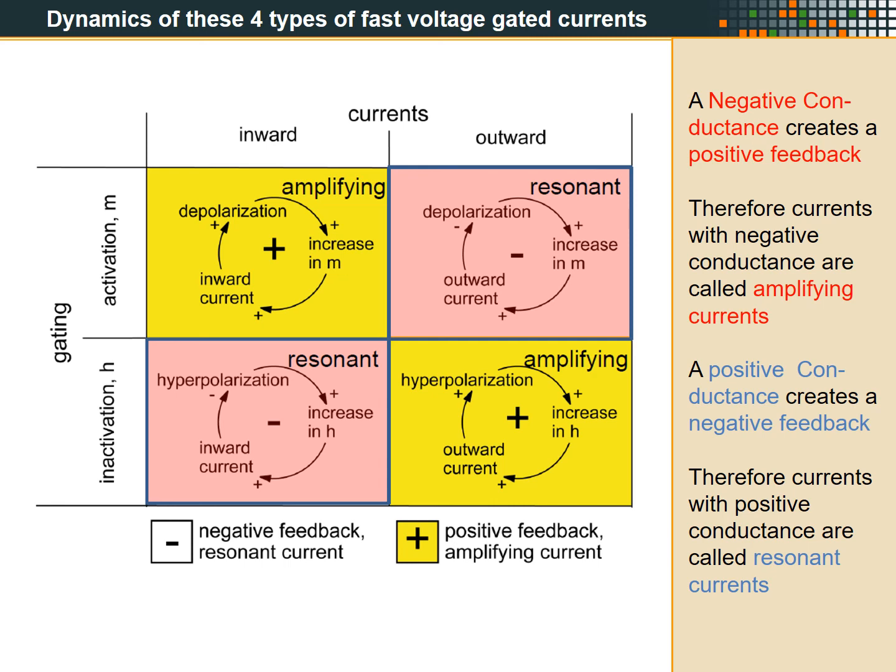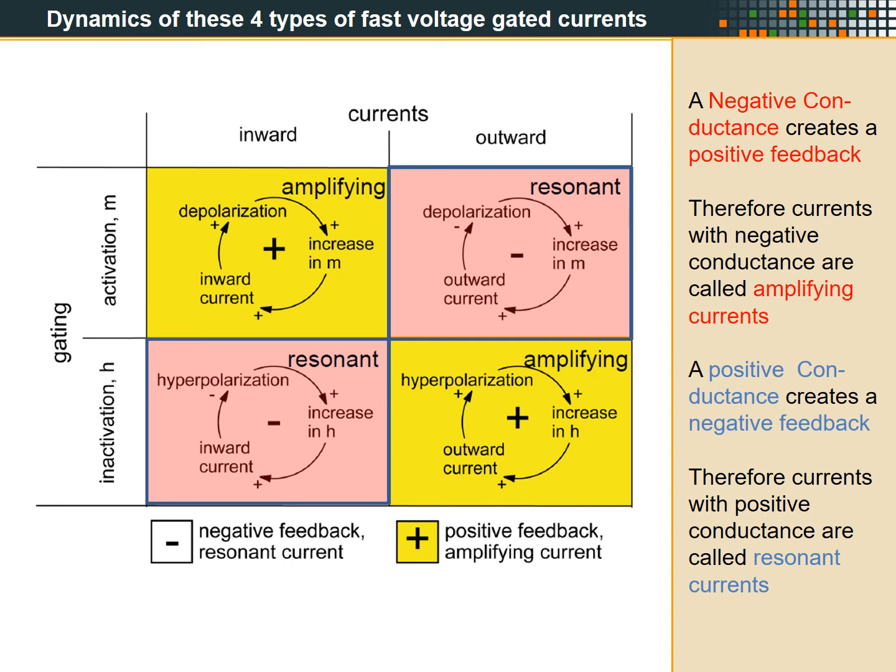So that means we now understand that we can, in principle, based on the timescales of the system, either ignore H or ignore M. However, if we consider this in more detail, we can, with both cases, model amplifying and resonant cases.